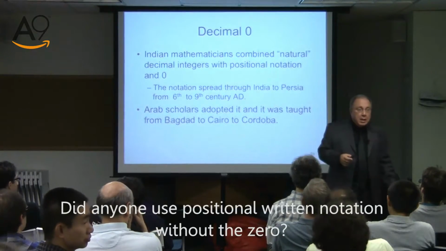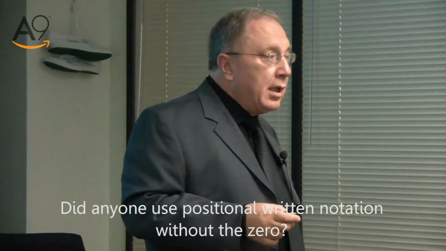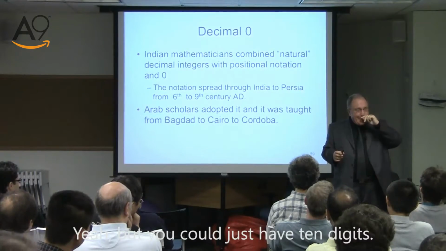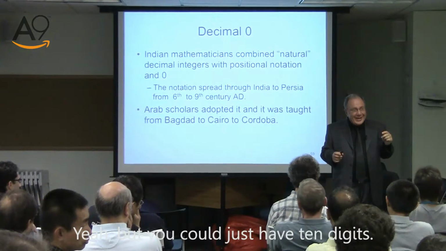Did anybody use positional written notation without the 0? Yes. It would be a positional system, but they would have special signs for 10, 100. Think about it. In some sense, Roman numerals are sort of positional. You keep shifting, but you introduce a new kind of digit for tens, for hundreds. But you could just have 10 digits.